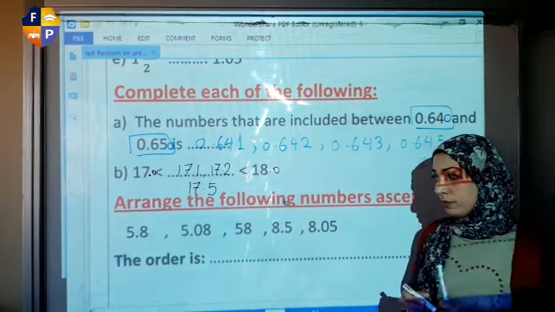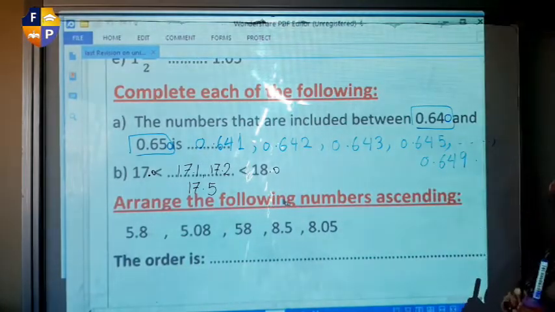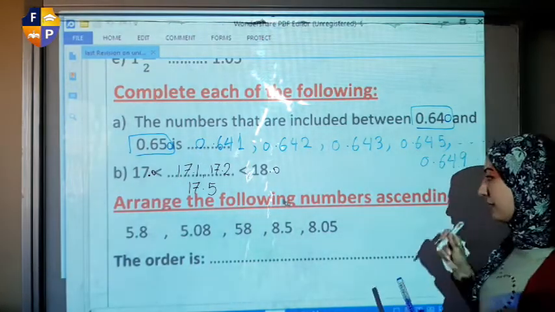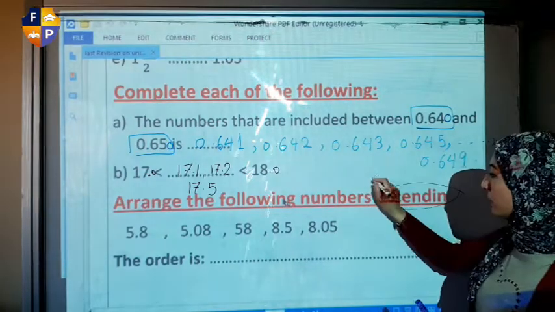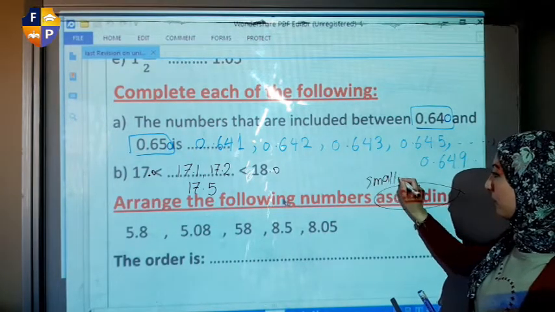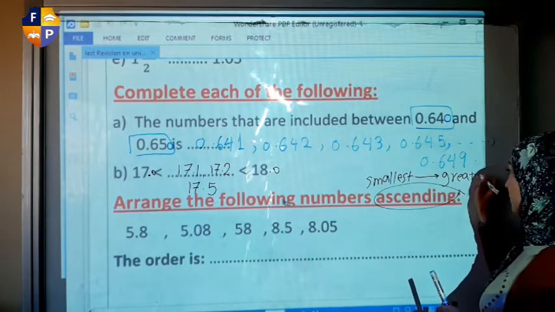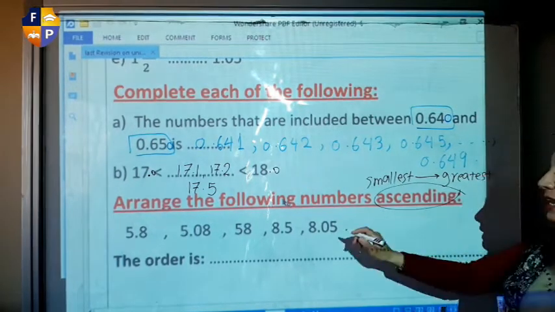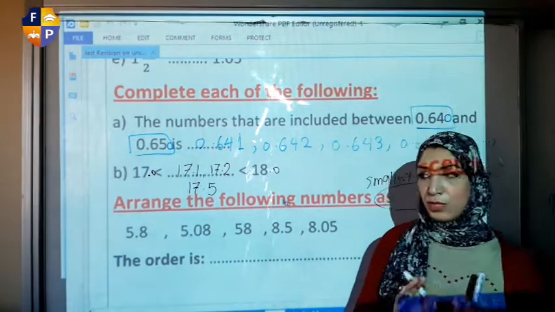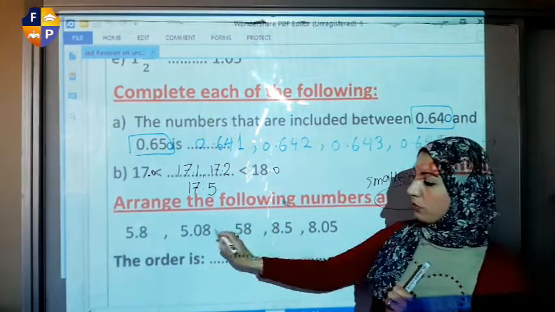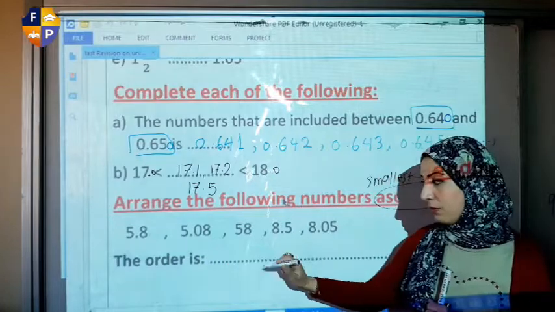Next one. Arrange the following numbers ascending. As we said before, ascending means from the smallest to the greatest. Here we have decimal numbers. First, 5.8, 5.08, 58.